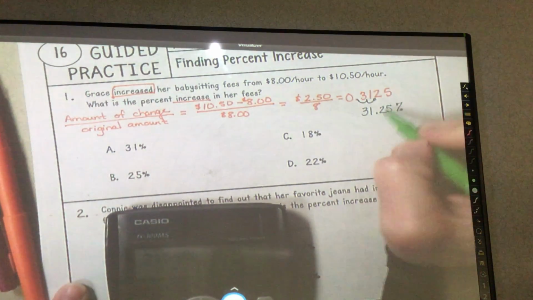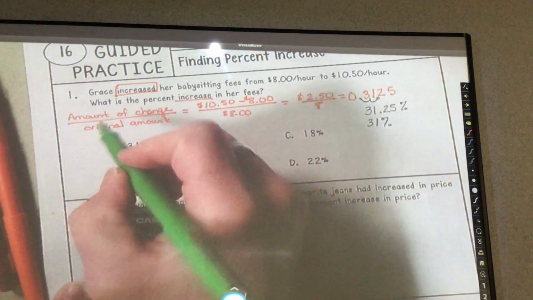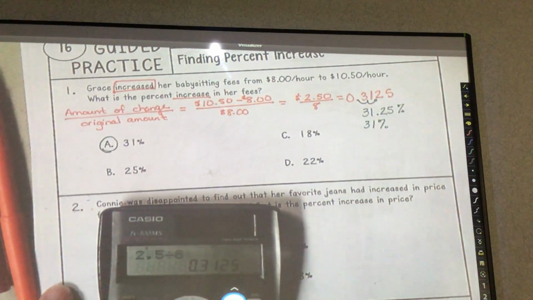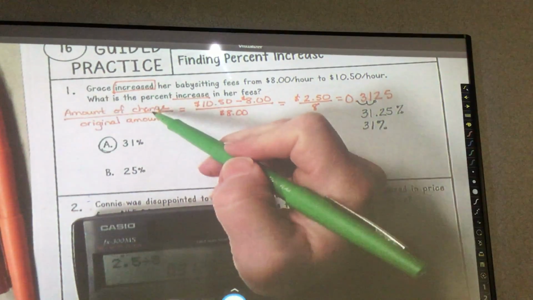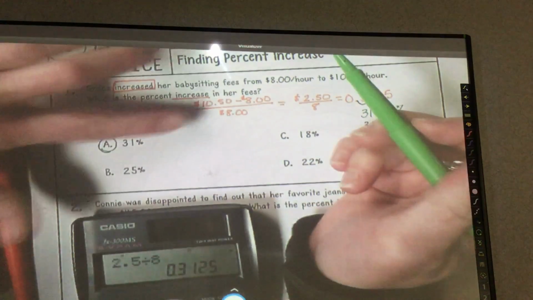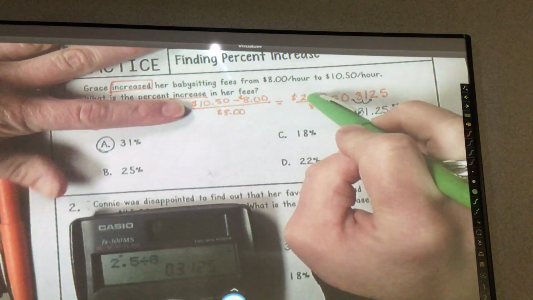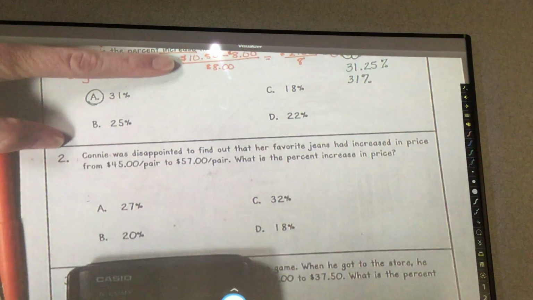So we would round it to 31%. A is my answer. You do not have to rewrite amount of change over original amount for the next problem, but you do need to show these next steps. So go ahead and on your own, try number 2.